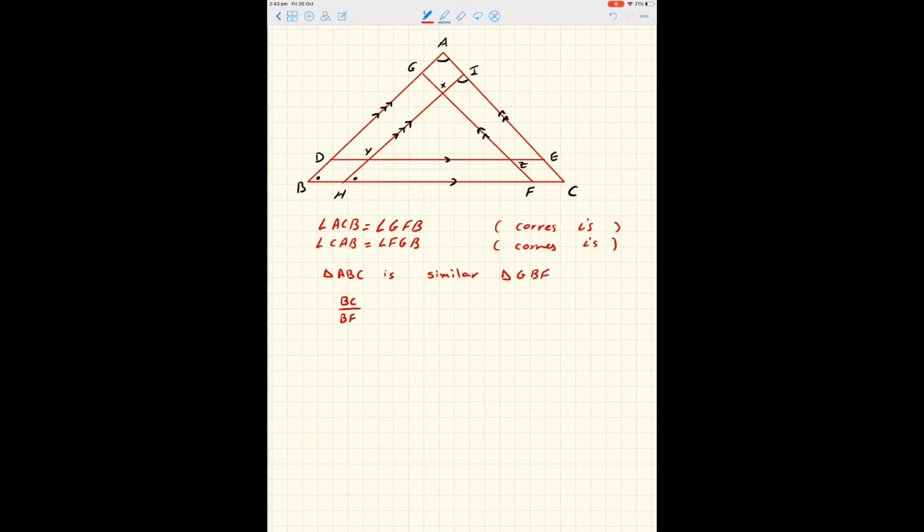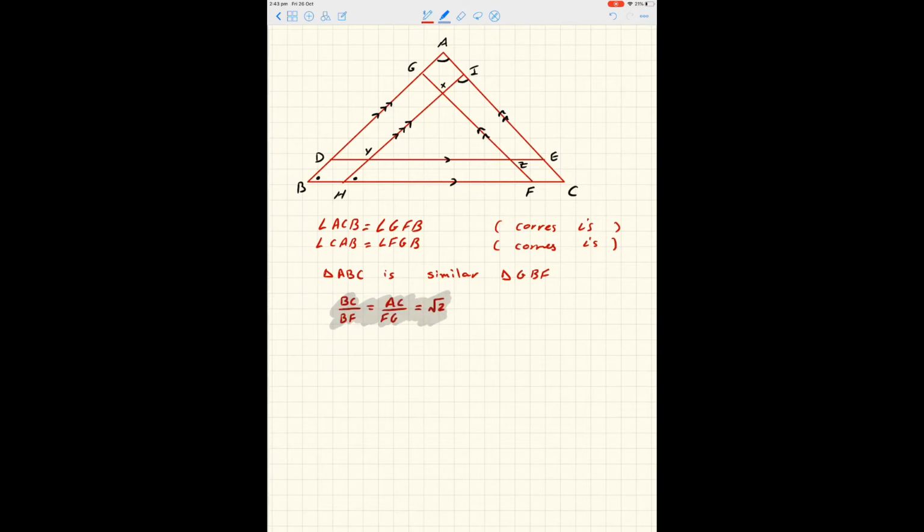Again, there's no value for that, but BC over BF is the same as AC over FG, hopefully the letters are not the other way around, which is equal to the square root of 2. So that's also another result that I am going to make use of. Don't forget that either.